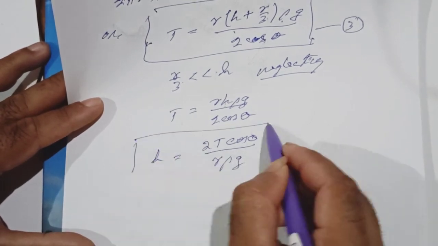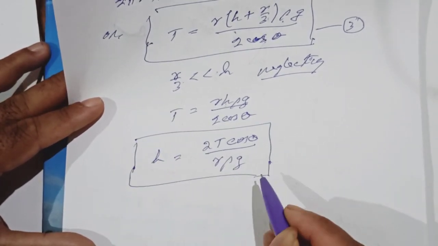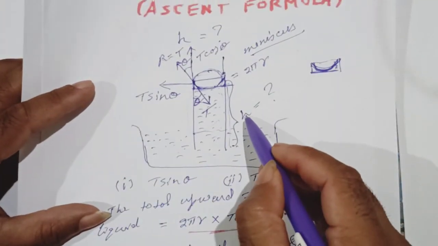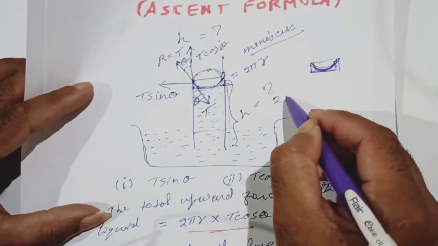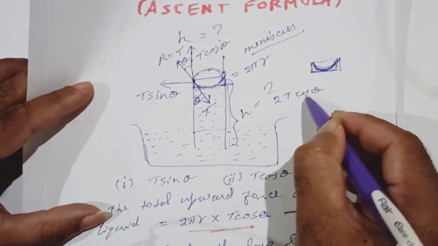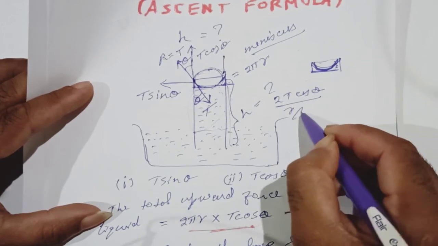So we have h, the height of a liquid. The formula for the height h of a liquid is h equals 2T cos theta divided by r rho g.